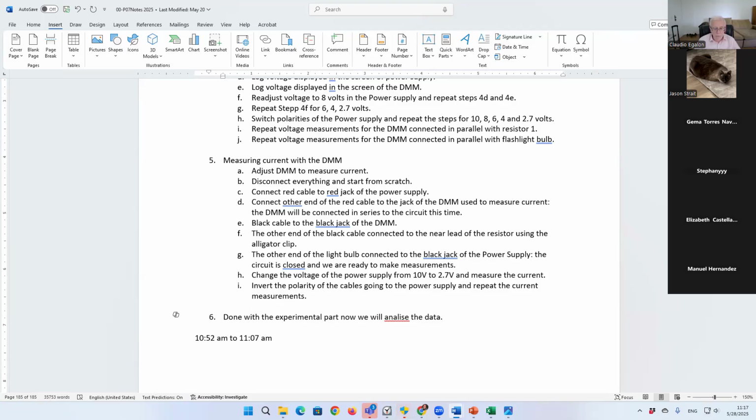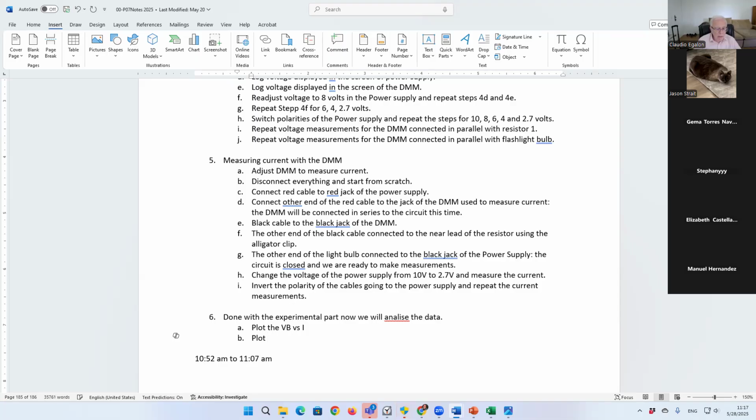And all you have to do is plot V bulb versus I. And let's plot the other one too.